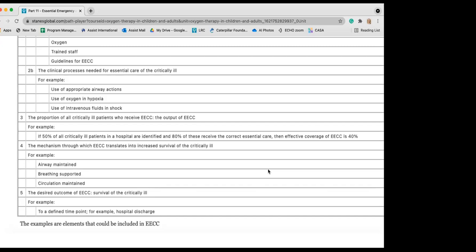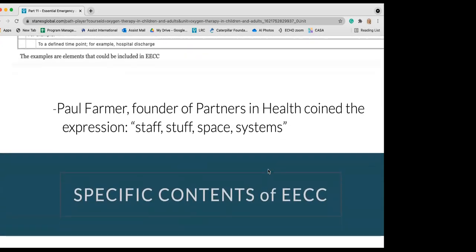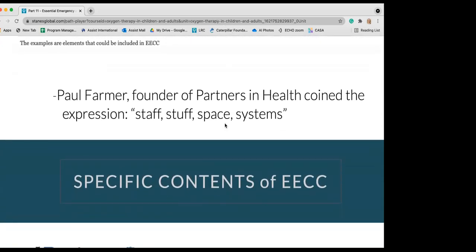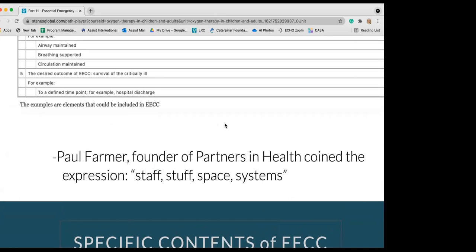An example of what to measure is how many critically ill patients are identified on time, and among those, who are receiving appropriate care? Okay, that's just a summary. I don't need you to memorize that. You have access to this content.